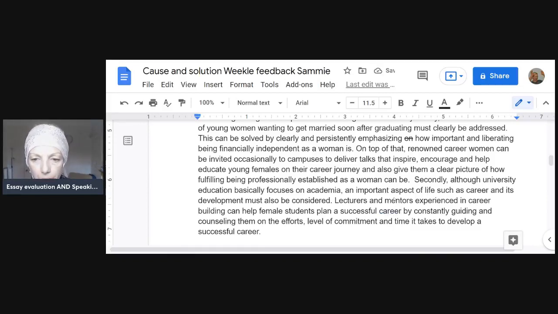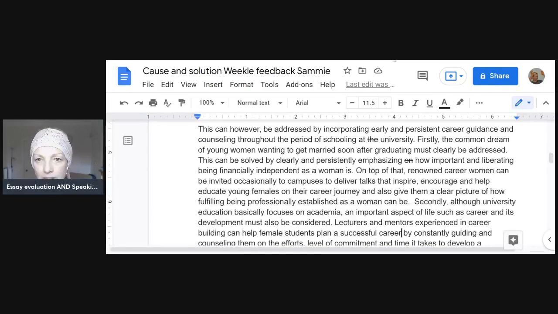Okay. How does the second idea differ from the first? Because we need to reduce some words here. Let me just see if there are any comments. It's very, very long.